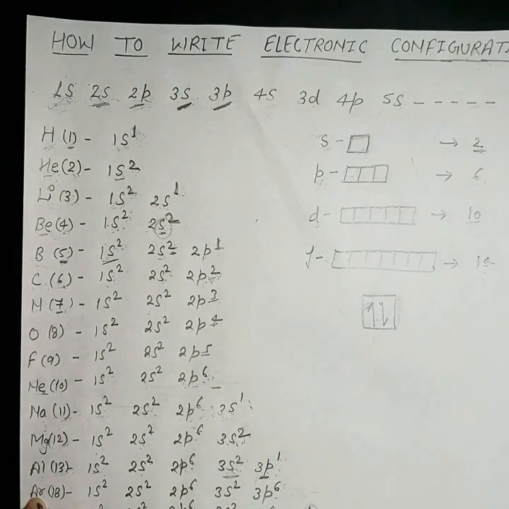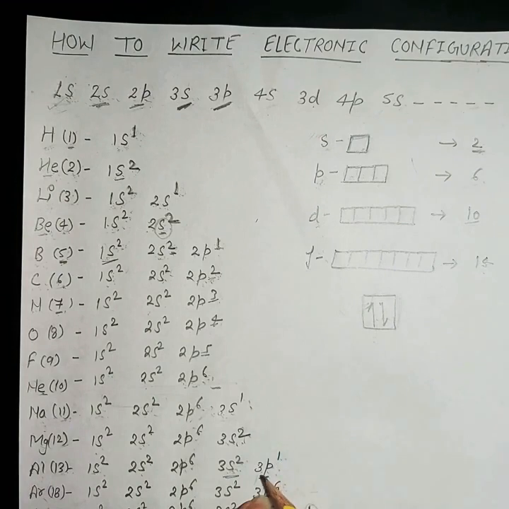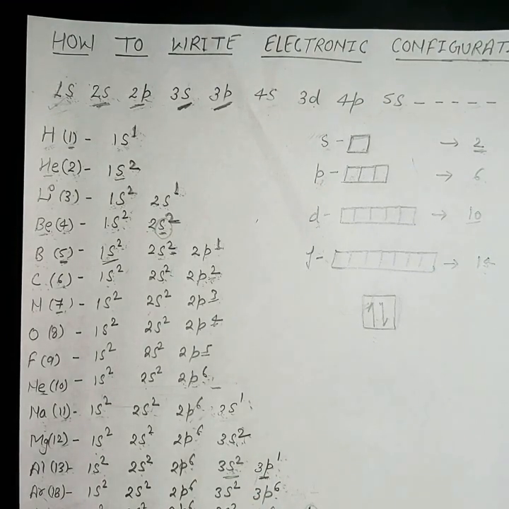Now for argon, we can write 1s2, 2s2, 2p6, 3s2, 3p6. I skipped some elements here in which 3p2, 3p3, 3p4, 3p5 will be present. Now for potassium, it has 19 electrons.